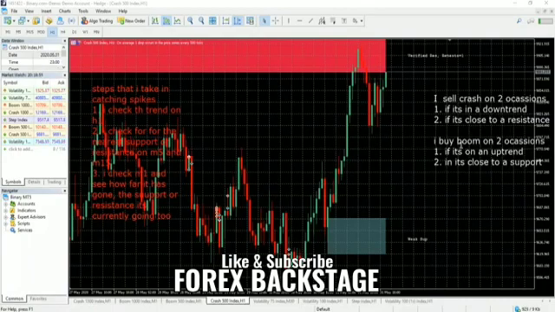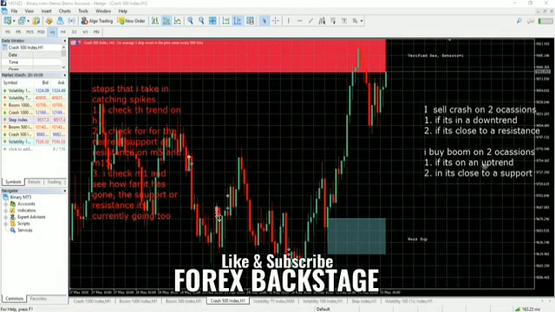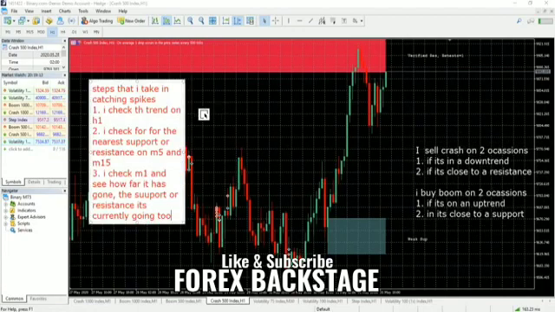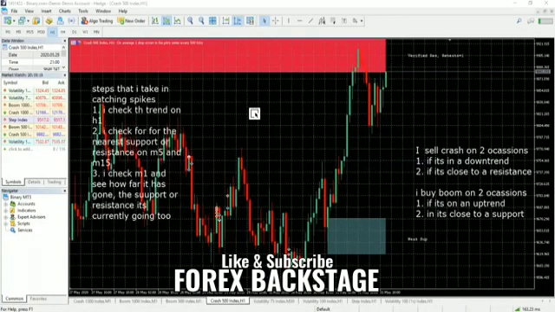You understand? So check them out. This is the step that I take in catching spikes.